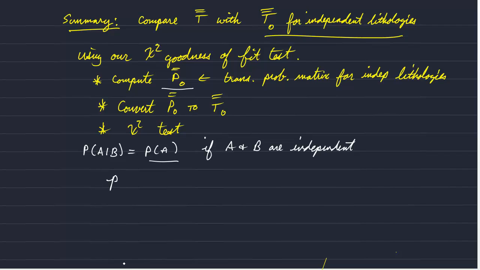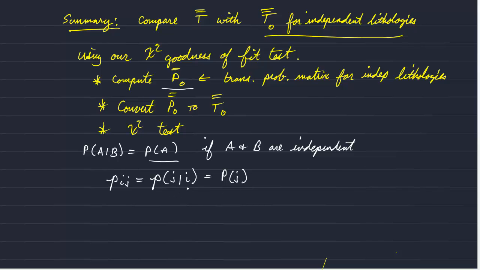Or we could write the component. Recall that little p sub ij is the probability of lithology j given lithology i, and that simply becomes the probability of j.